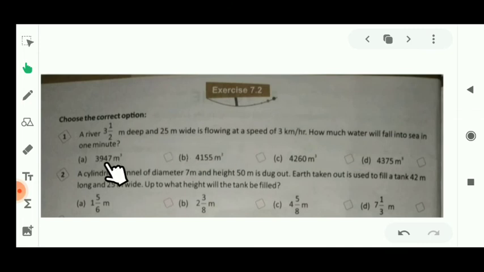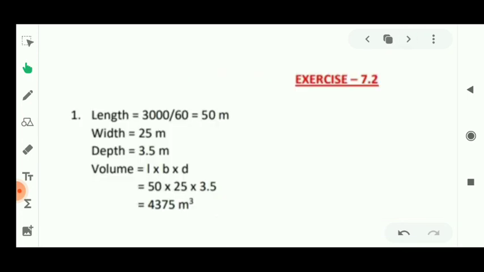Question number 1. A river 3 and 1/2 meter deep and 25 meter wide is flowing at a speed of 3 km per hour. How much water will fall into the sea in 1 minute? Let's see the solution. Length is given 3000/60, that means 50 meter.